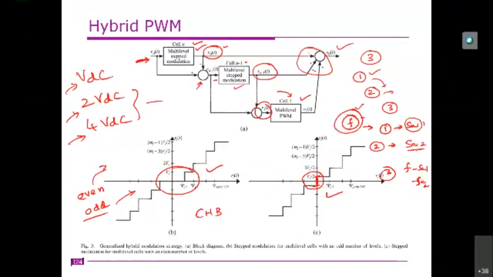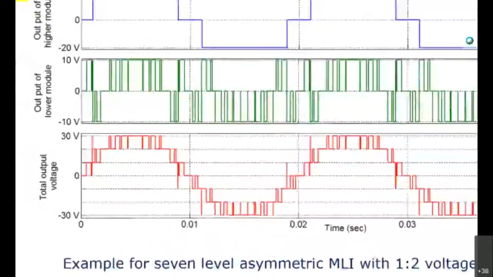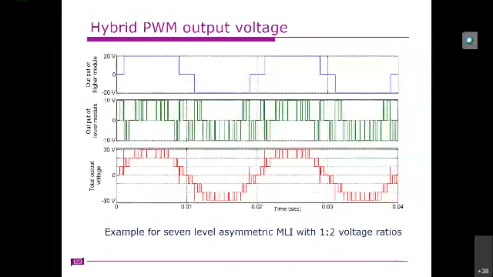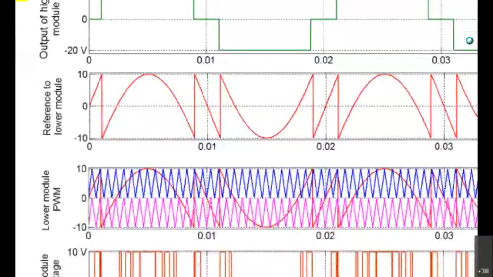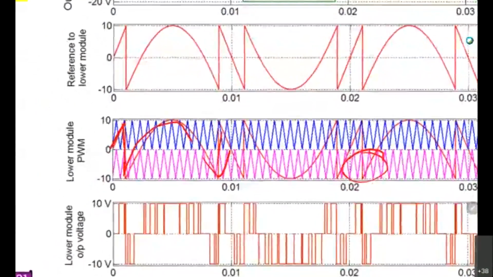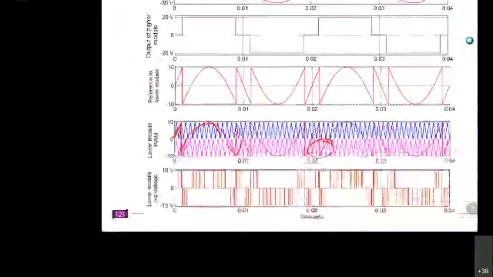There is some drawback with this hybrid PWM, since the modulating signal is not sinusoidal. The modulating signal is something like this, because this is the remaining one. The drawback is that this waveform is moving from here to here, so the conduction periods are very short.